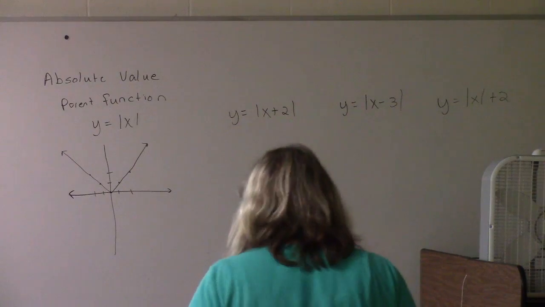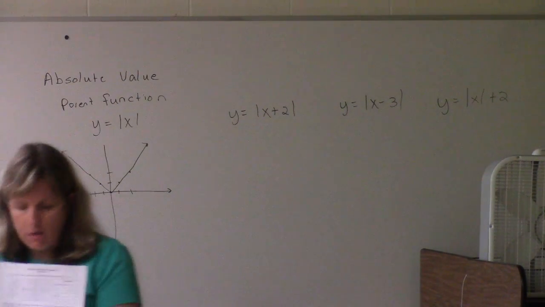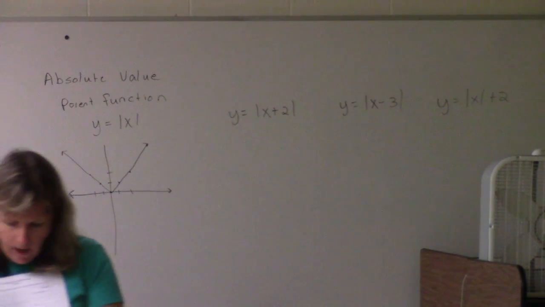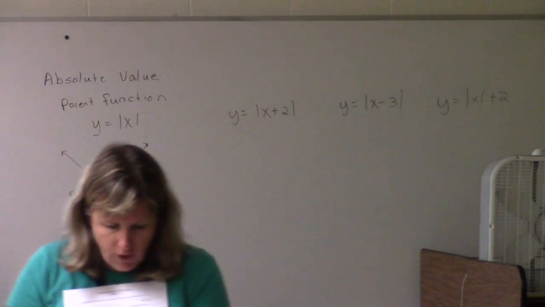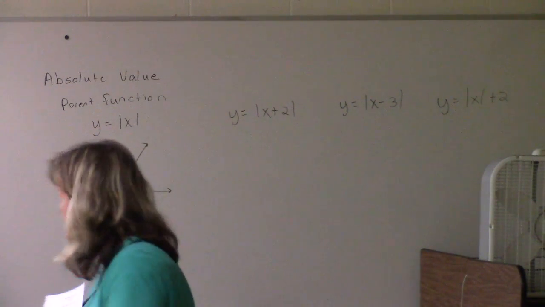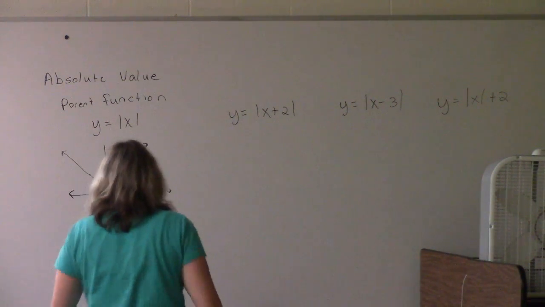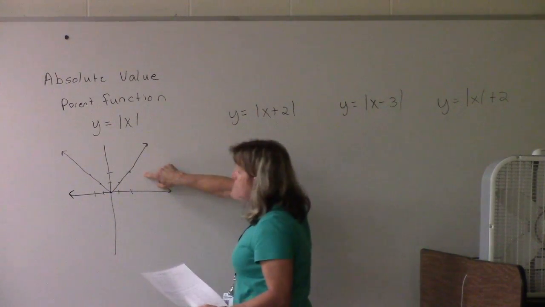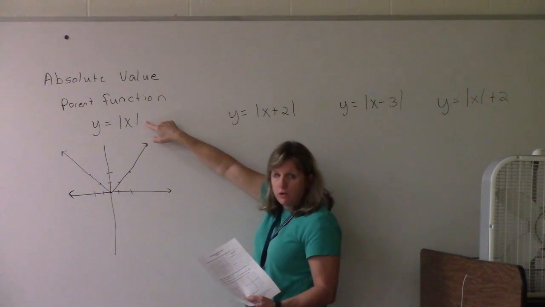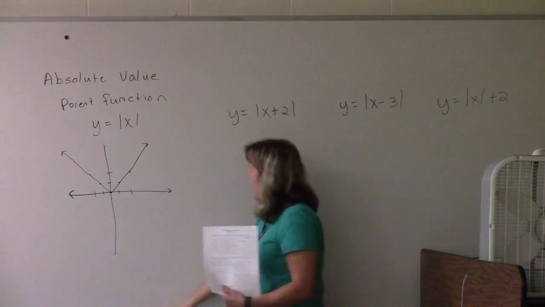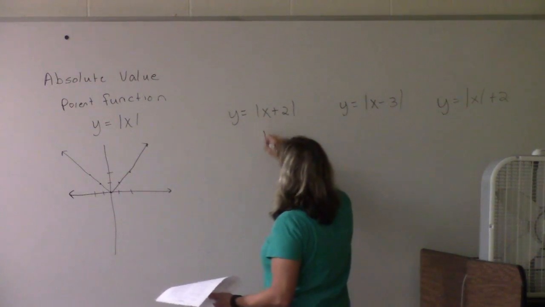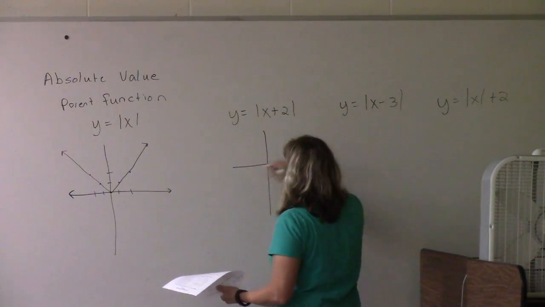All right, so we're going to go down to number 2 here, and we're going to describe how this graph compares to the graph of y equals x. So we're going to compare the graph that you just did on number 2 to this graph right here, number 1. So how does that look? What happened there?